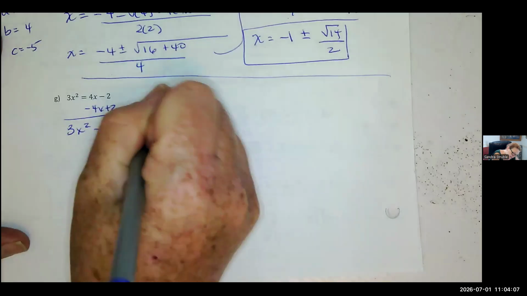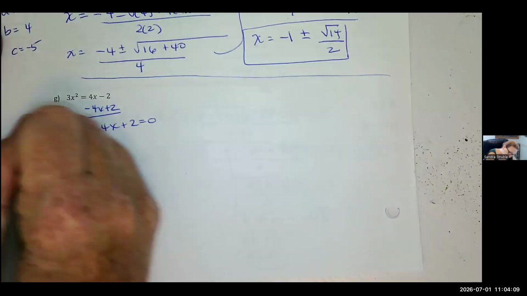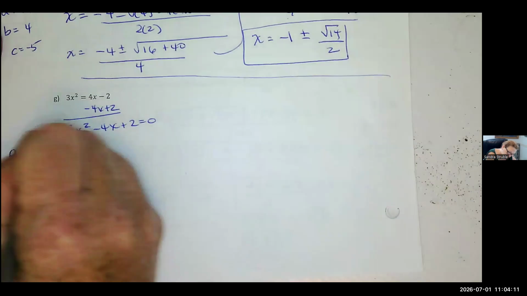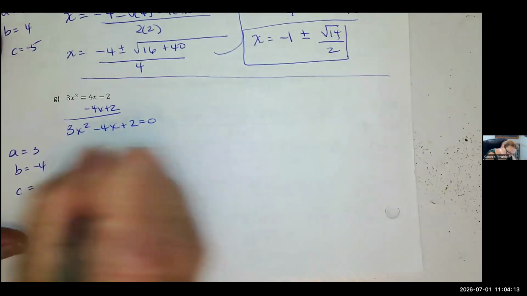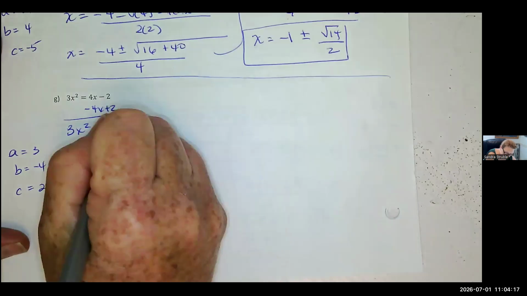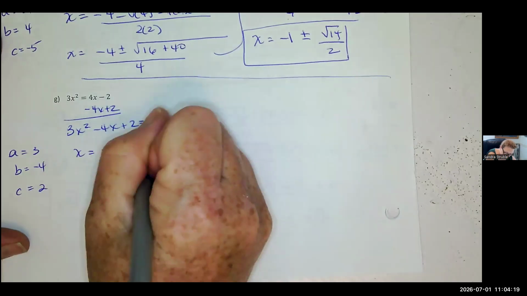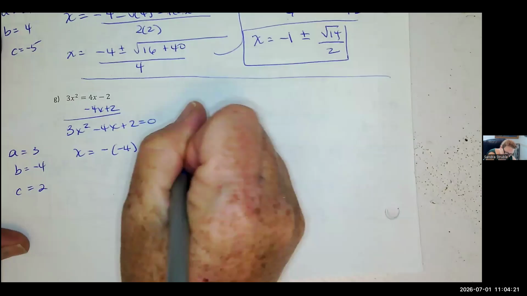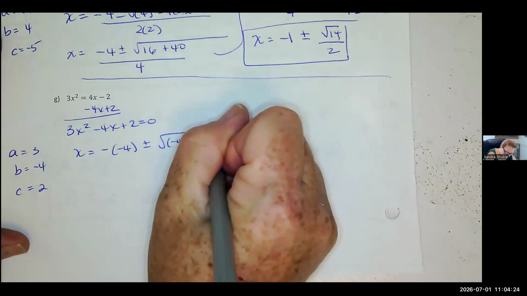a is 3, b is -4, c is 2. Let's substitute. x equals -b plus or minus the square root of b squared minus 4ac, all that over 2 times a.